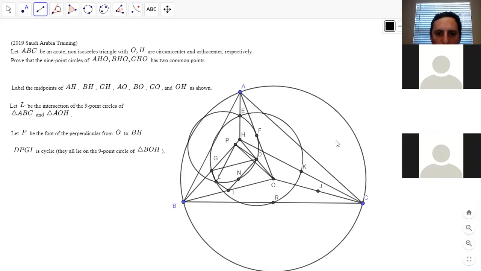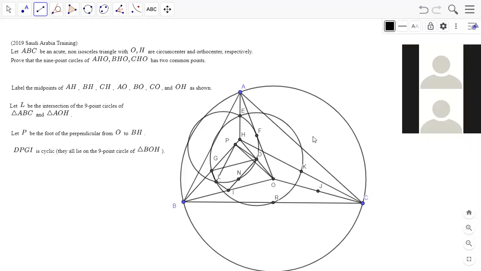I think that I can prove LNK collinear. I'm not sure. Oh, really? How do you prove it? Can you draw the segment ER? Yes. We need to prove that angle LNI is equal to angle KNR, right?